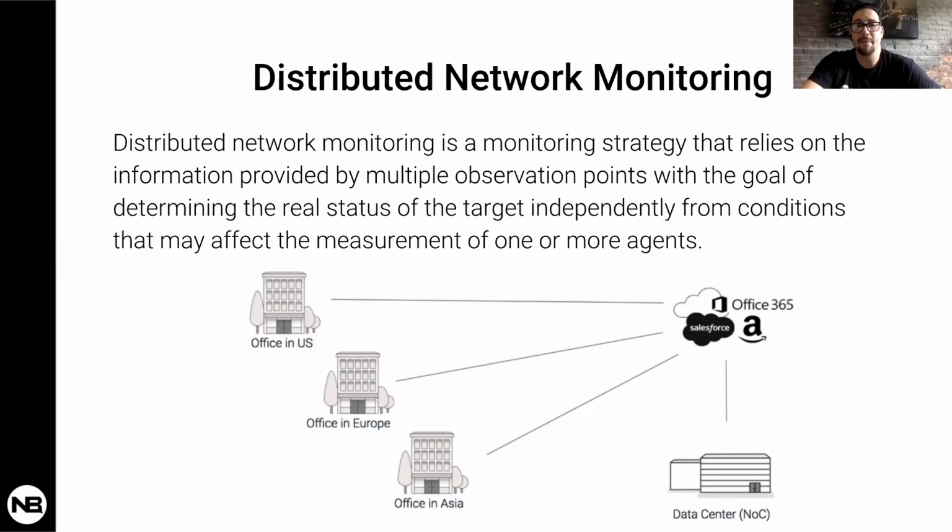The goal of this type of monitoring is to determine the real status of the monitored object, also called a target, independently from the network conditions that may affect the measurement of one or more observation points. Take, for example, the case where your SNMP server located at the data center can't connect to outside networks for some reason. The server would generate many false positives as it's not able to get responses from outside devices. With distributed network monitoring, this problem doesn't apply.